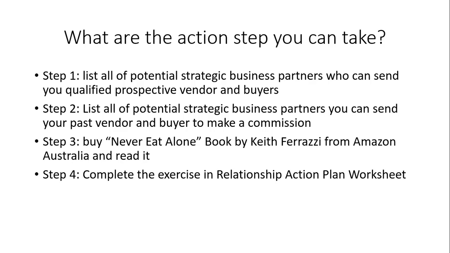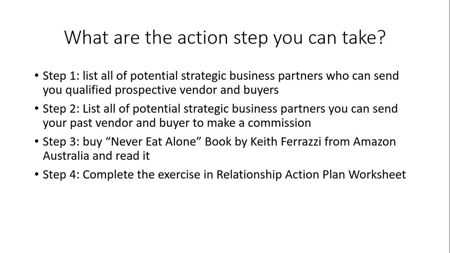Step 1, list all of your potential strategic partners who can send you qualified prospect vendors and buyers. Step 2, list all of your potential strategic partners you can send your past vendors and buyers to, to make a commission.